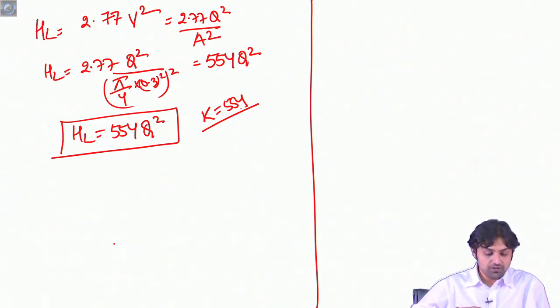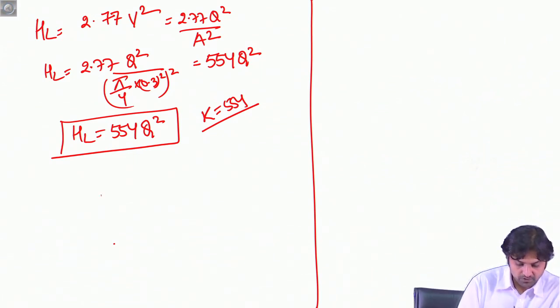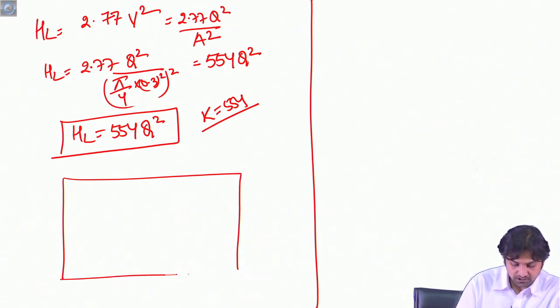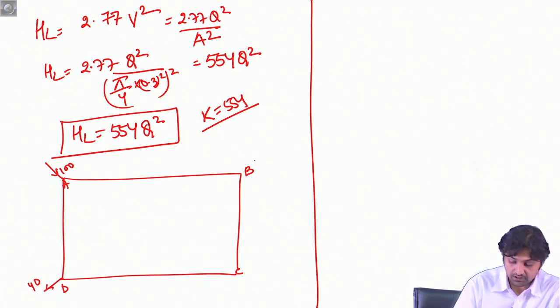So now, for the first iteration, let's say this is point A, this is point B, this is point C, and this is point D. 100 liters were coming here, this is given first, okay, and then we say 20 liters per second, and this is 40 liters per second.